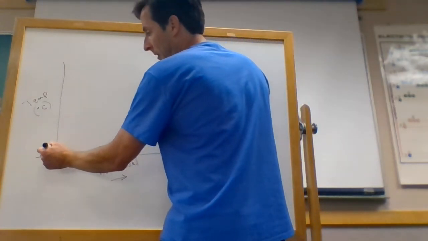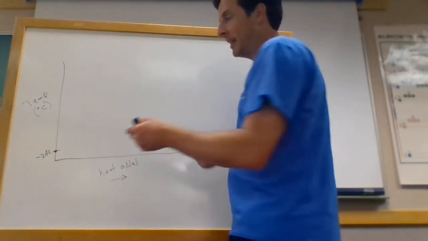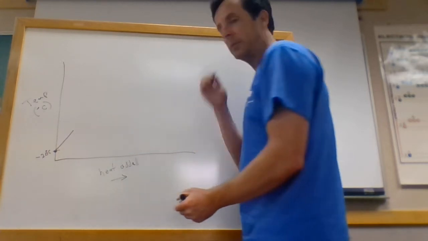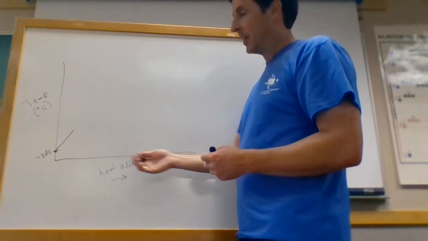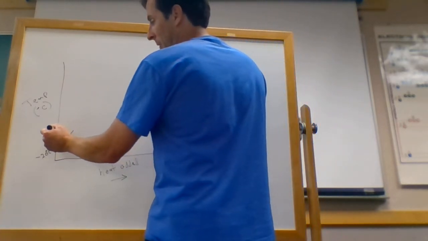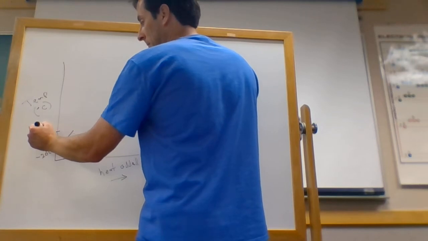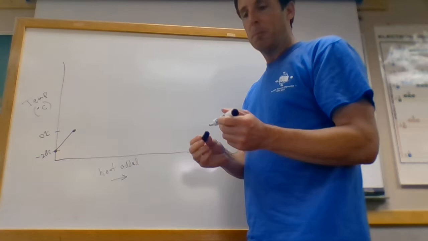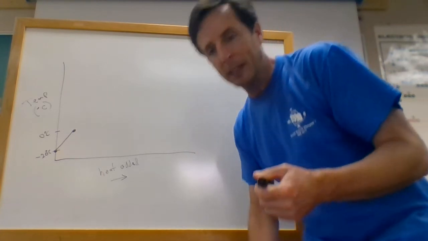From that point, if I add heat, the temperature is going to go up. As I move to the right, that's going to create a diagonal line. It will continue that as I add heat, the temperature will go up until I get up to 0 degrees Celsius. When I get to 0 degrees Celsius, that's the point at which melting begins.